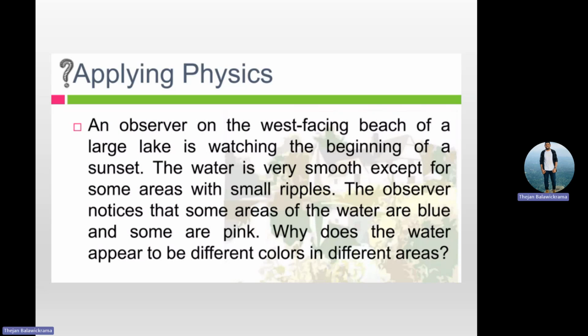With ripples, the surface is somewhat uneven, so there can be specular as well as diffuse. So two different reflections are happening.